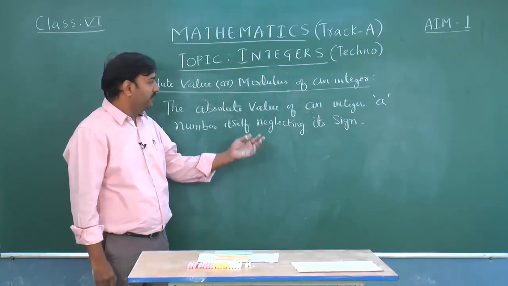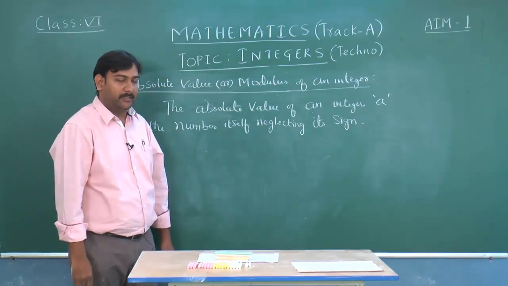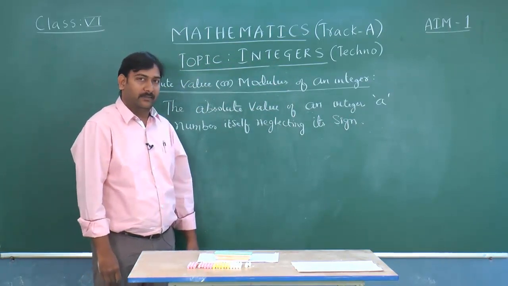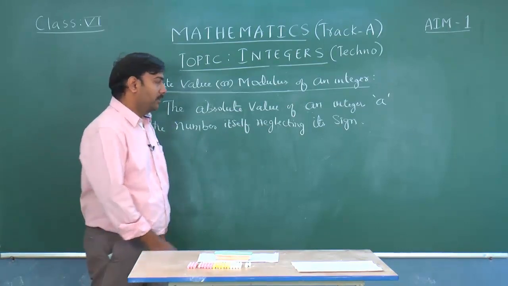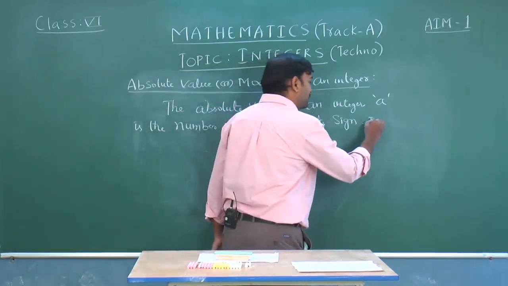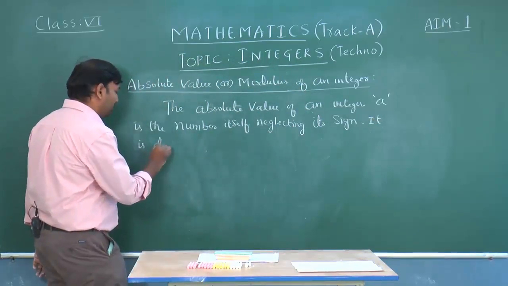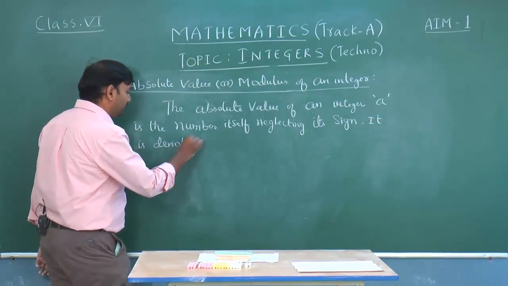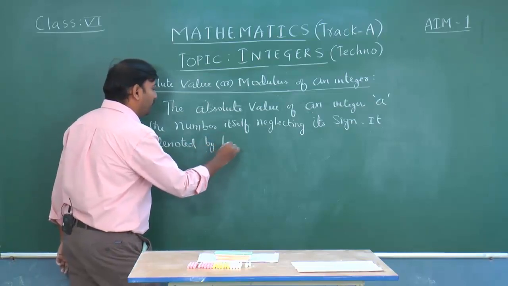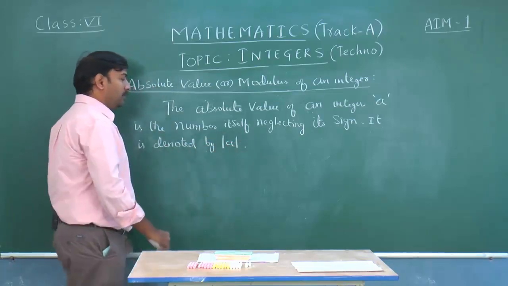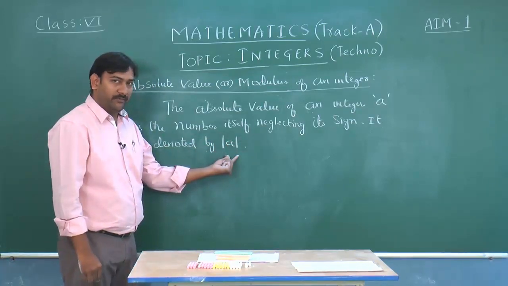So as per the definition, the absolute value of an integer is the number itself neglecting the sign, and this is denoted by the symbol modulus of a. This is read as modulus of a.